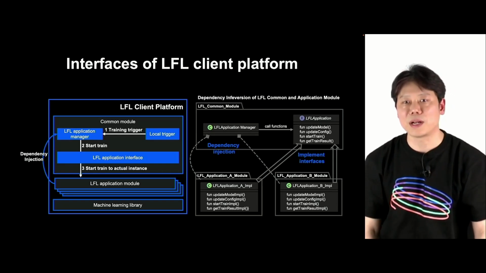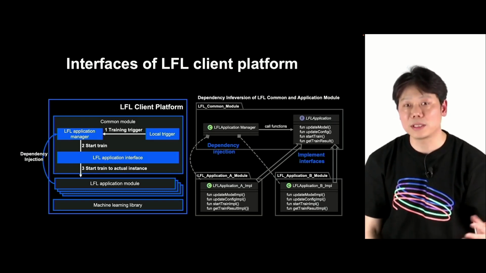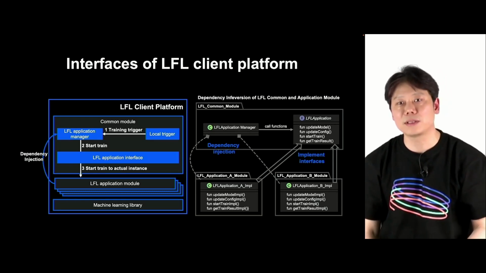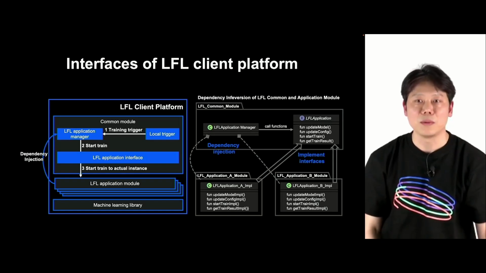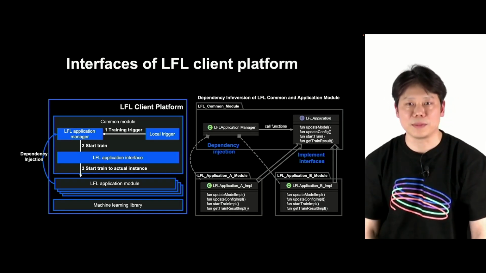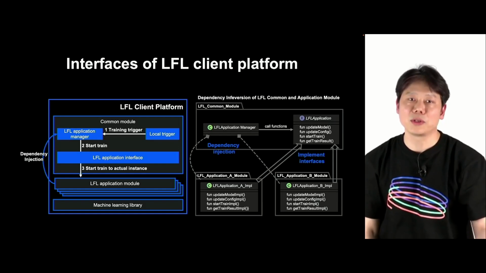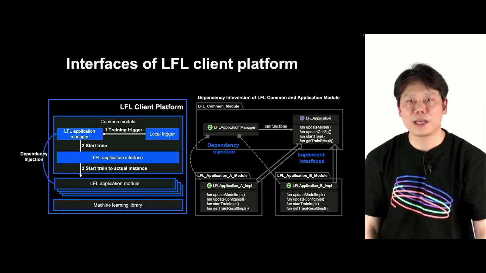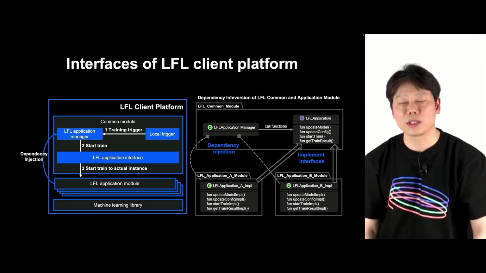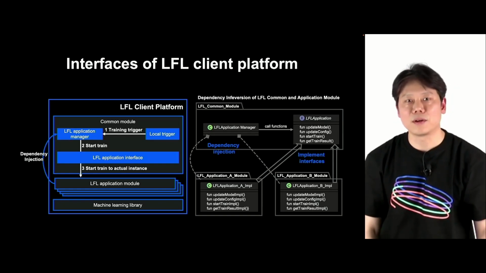In that case, the dependency library will be used to approach the application. And in the common module, even if there is no dependency on the application instance, the learning can begin without any problems. So in the dependency inversion structure, application addition and deletion can be done very easily.